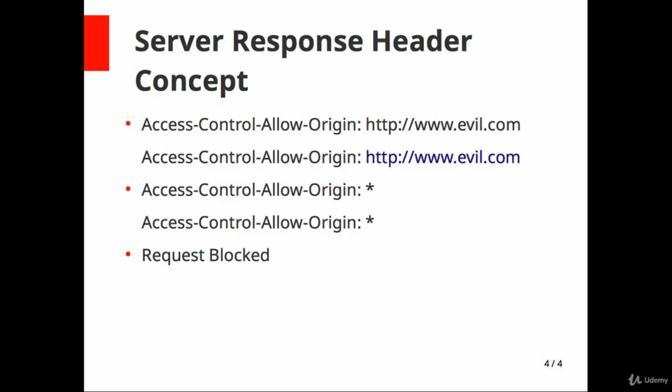A response can also look like this: Access-Control-Allow-Origin: star. This header allows wildcard entries, meaning this header allows all domains to request or access the data of this vulnerable domain.